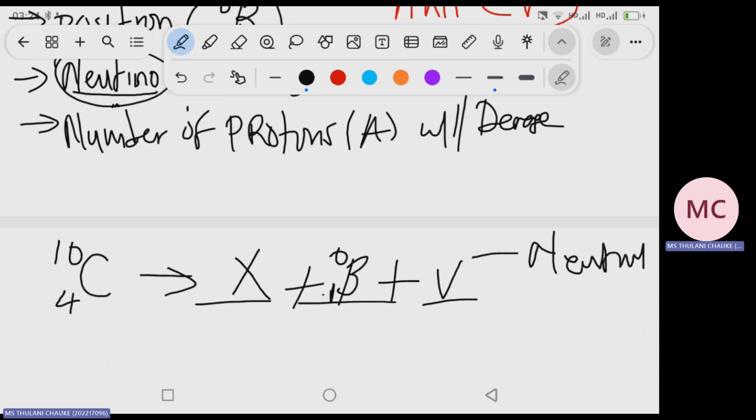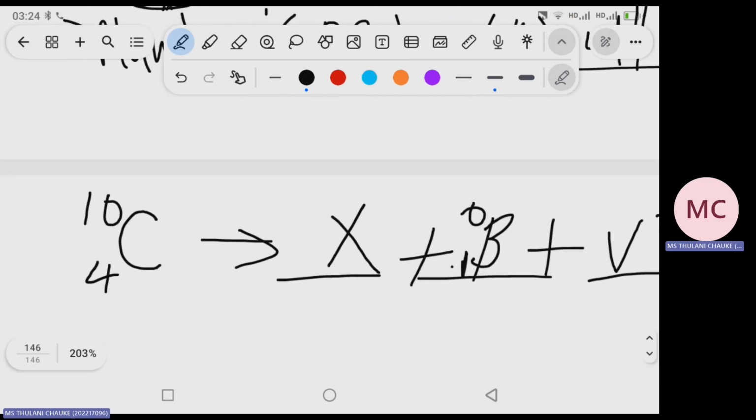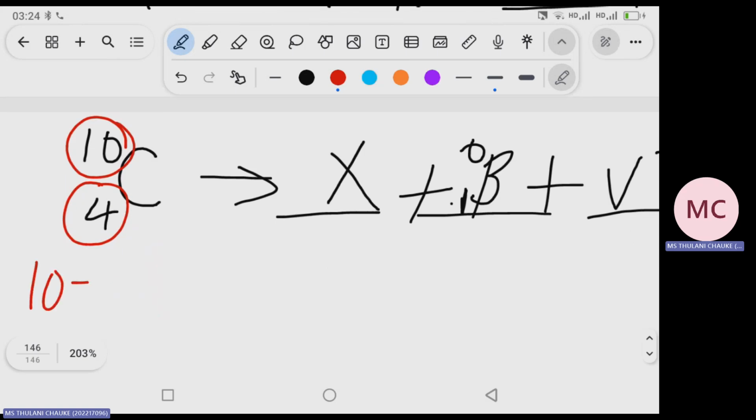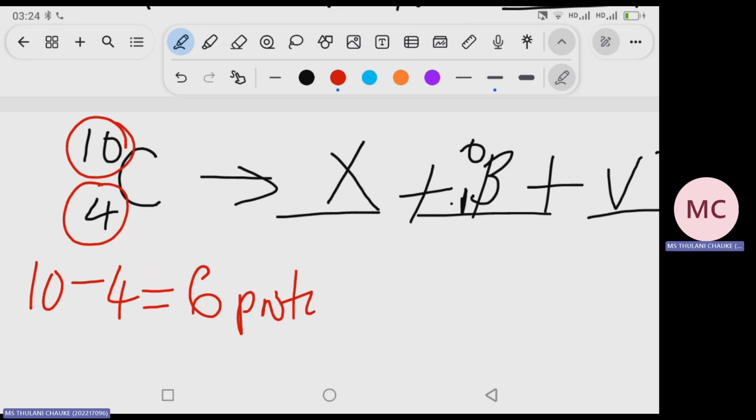I said the number of protons will decrease. Remember that here we have 10 as the mass number and 4 as the number of neutrons. So 10 minus 4 gives us 6 protons. They will decrease by what?